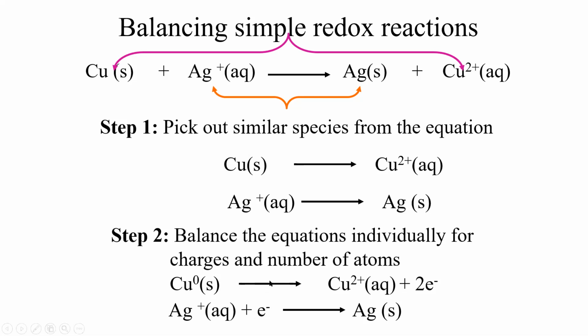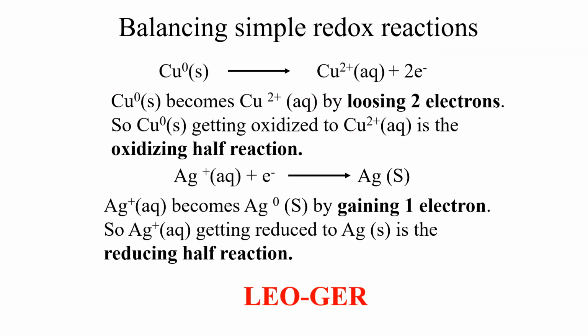So you see here that copper goes from 0 to +2, to Cu2+, and silver to 0. We can now balance them individually. Copper becomes oxidized because, we remember we said that oxidation is loss of electron.